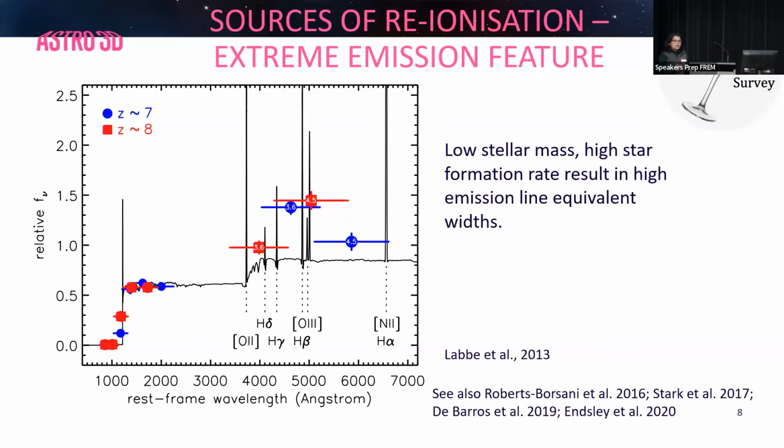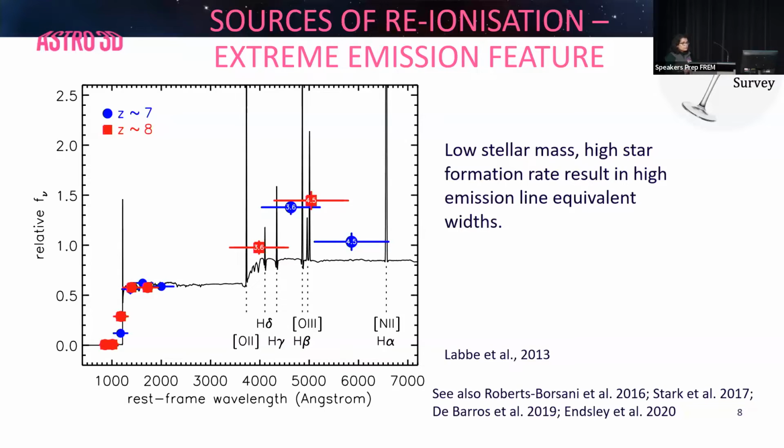For the past decade, from photometry, we have known that galaxies in the epoch of reionization have really bright emission lines. Most of the flux in these galaxies is coming in this really bright nebular emission line, for example, [OIII], H beta and H alpha. So much so that like 50% of the flux is in these emission lines.